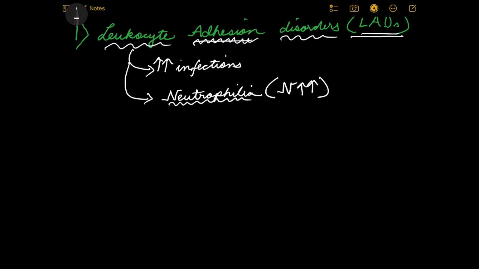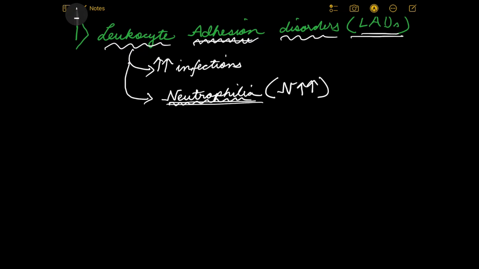So even when there are increased infections, even when the body responds by increasing the production of neutrophils, there isn't much change in the body's infection response, because those increased numbers of neutrophils are not able to reach the source of infection. They are trapped within the blood, which means neutrophilia. High numbers of neutrophils in the blood.